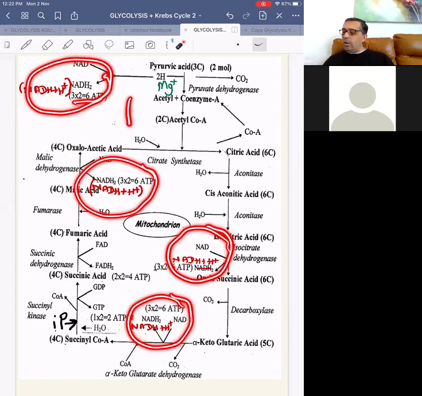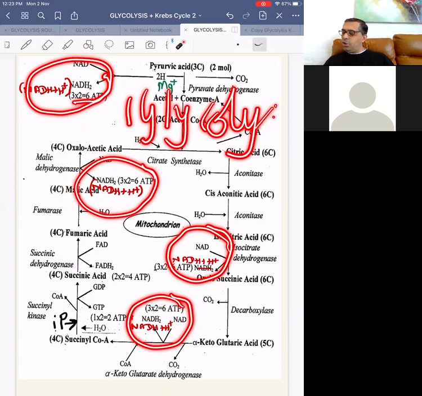Once during glycolysis, once during acetylation, and 3 times during the Krebs cycle, multiplied by 2 molecules, because 3-phosphoglyceraldehyde became 2 molecules of 1,3 diphosphoglyceric acid. So how many NADH are formed? 2 NADH plus H plus.